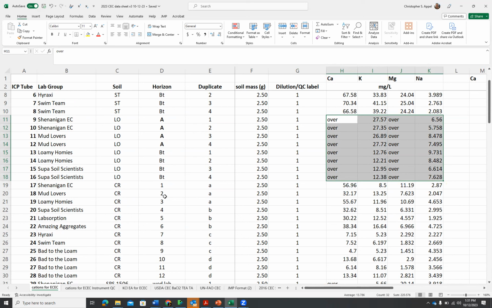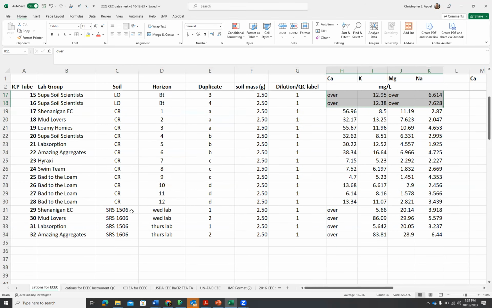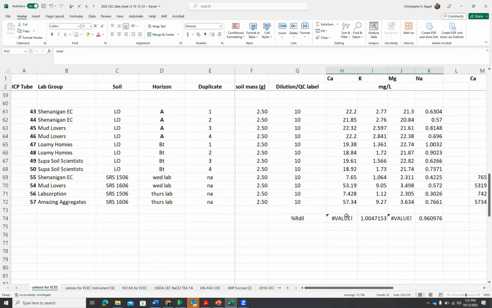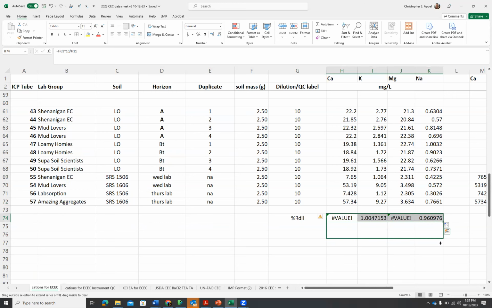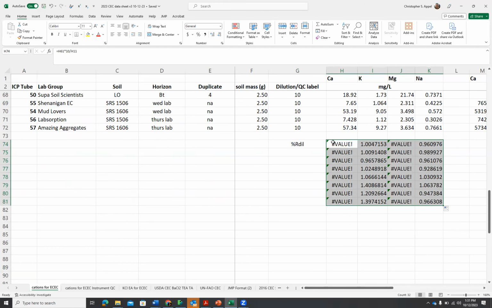The reason I'm not going to scroll down more is because then we get into the Costa Rica samples, and I need to reinsert my formula when I get to the SRSs down here. So down here, I'm going to go across like that and go 2, 3, 4, 5, 6, 7, 8. Don't worry about where it says value yet.